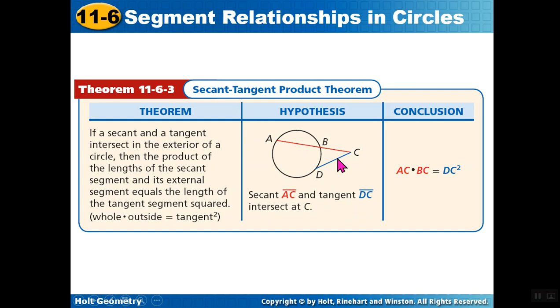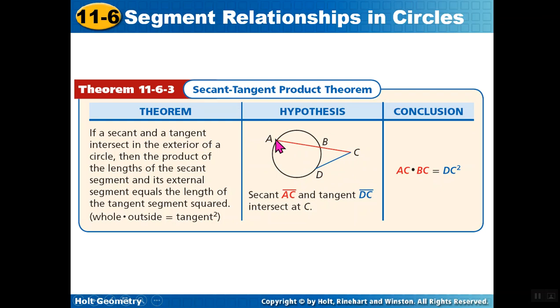So what do we have to do? In the first theorem, the products of the parts of the chords are equal in both chords, and in the second, the whole secant segment times the exterior part is equal to the whole times the exterior. Now in this theorem, the whole secant segment multiplied by the external part BC is equal to the tangent segment squared.